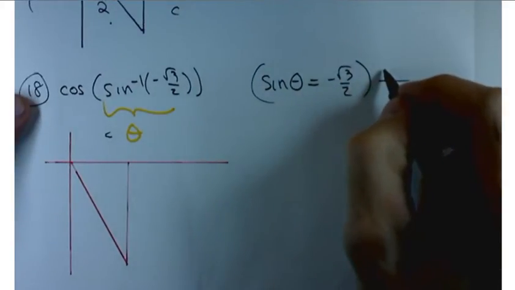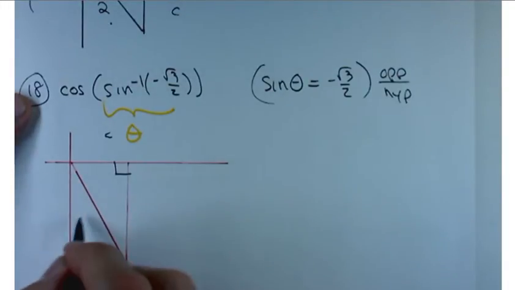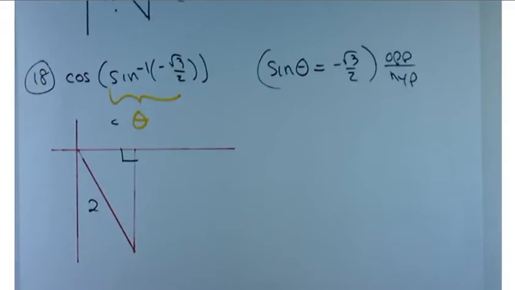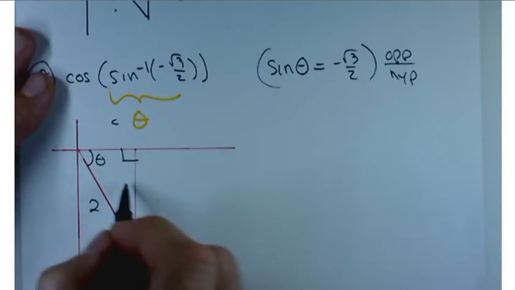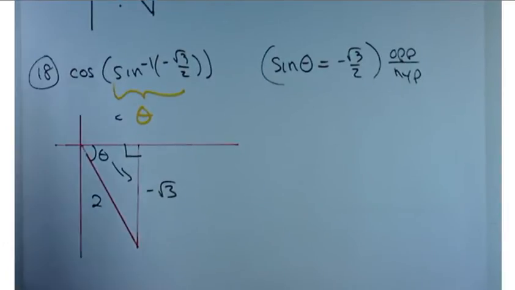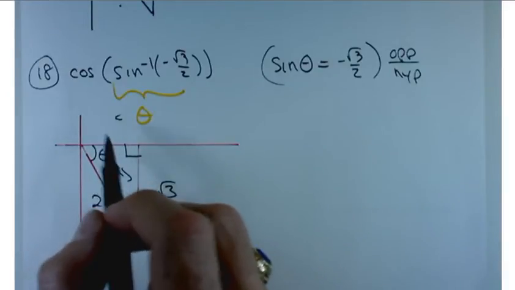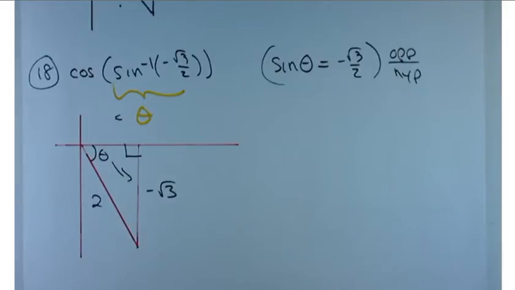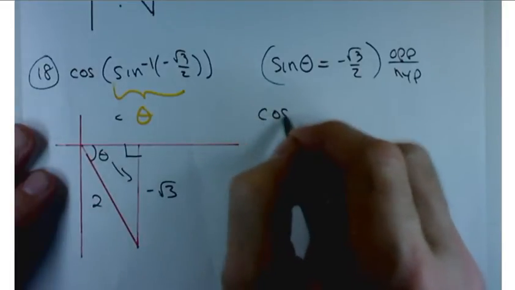So this is the opposite side, and that's the hypotenuse. Well, this is theta, so your opposite side would be over here. Negative root 3. So finish figuring out this side. You can use the Pythagorean theorem, and then calculate the cosine. I want the cosine of theta.